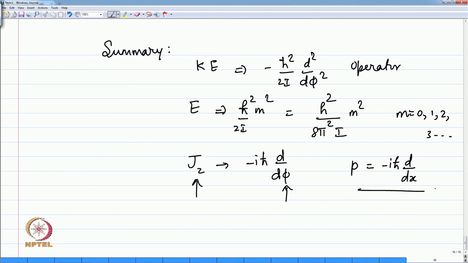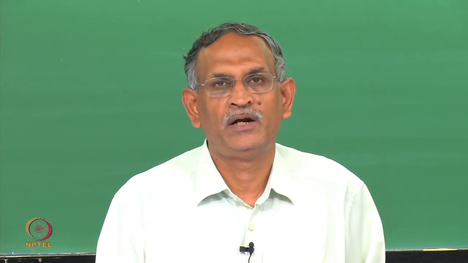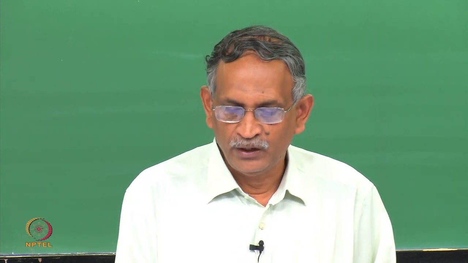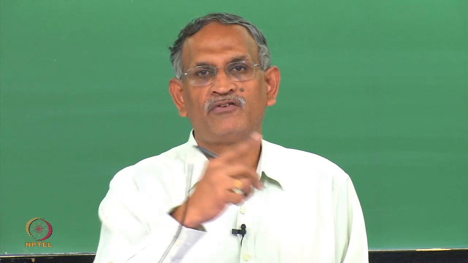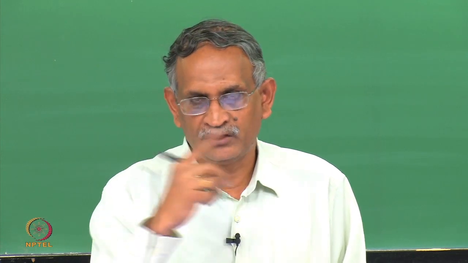They satisfy a commutation relation. Therefore, the location of the particle cannot be specified precisely if we know the precise value for the linear momentum. The same thing here. If we know precisely the value of angular momentum, we do not know exactly where the particle is. It is anywhere on the ring. Therefore, it is as uncertain as the dimension that you are worried about. Therefore, uncertainty principle is not violated.